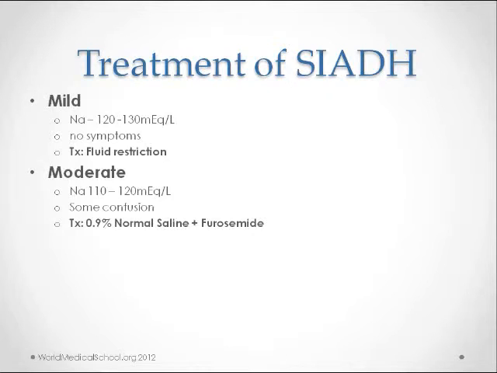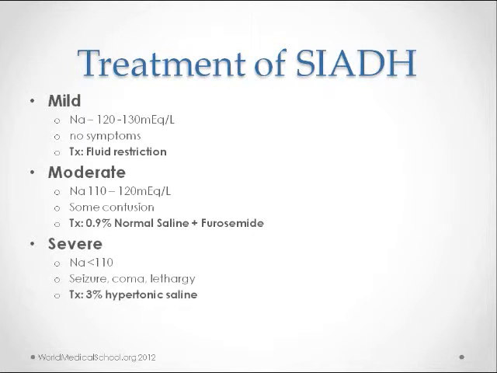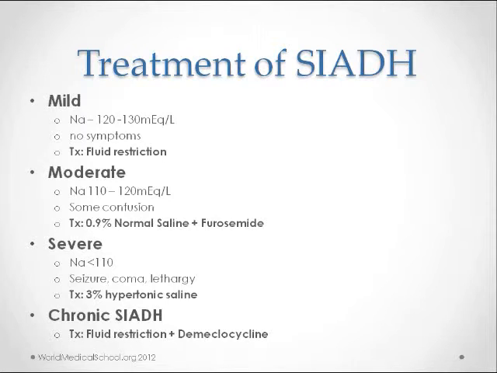For severe hyponatremia, less than 110 with severe confusion, seizures, lethargy, etc., 3% hypertonic saline is the best step. For chronic SIADH, fluid restriction with demeclocycline can be used.